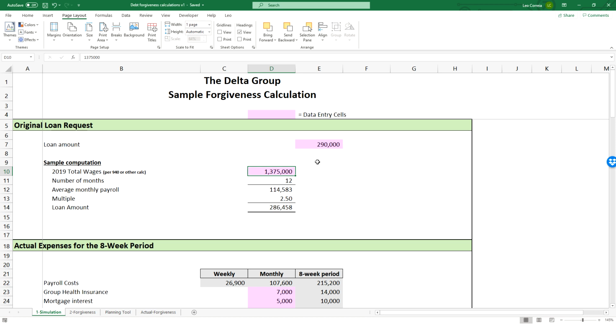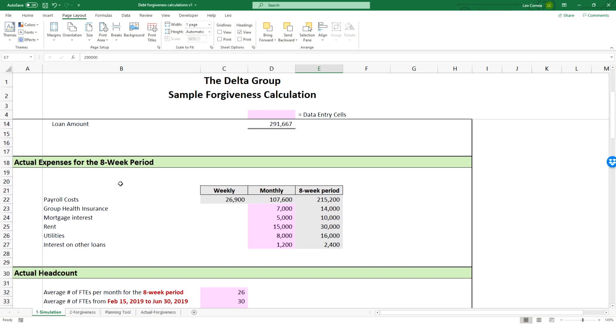So if you really wanted to know a calculation for whatever reason, you could do the calculation. It's not tied to the loan amount. You're able to, based on what you get approved for, put in a loan amount that you're looking for. And by the way, these purple sections are all the data entry cells that you actually need to enter into.